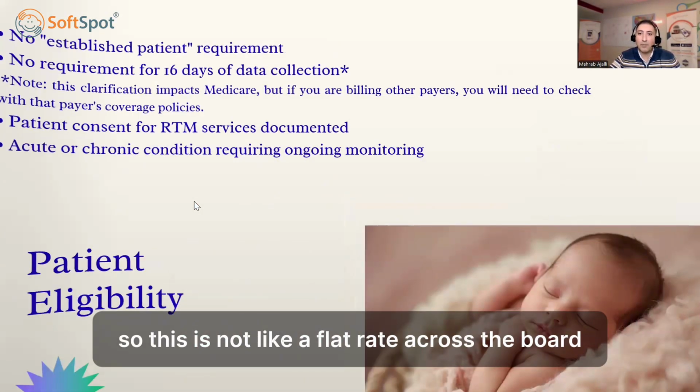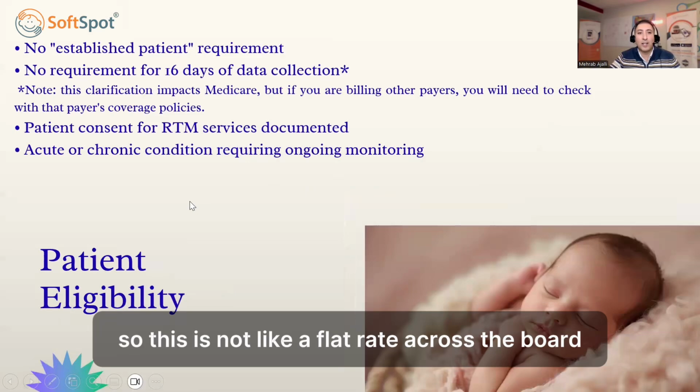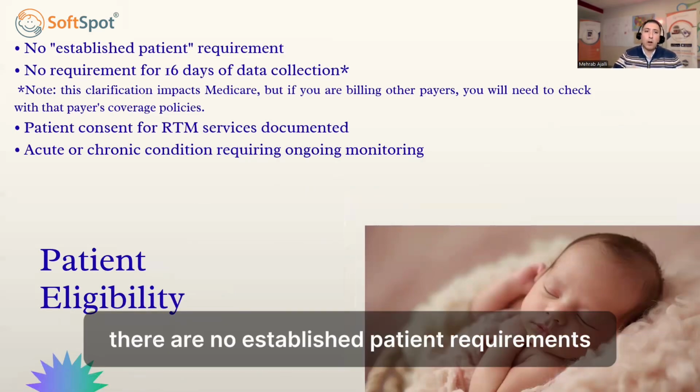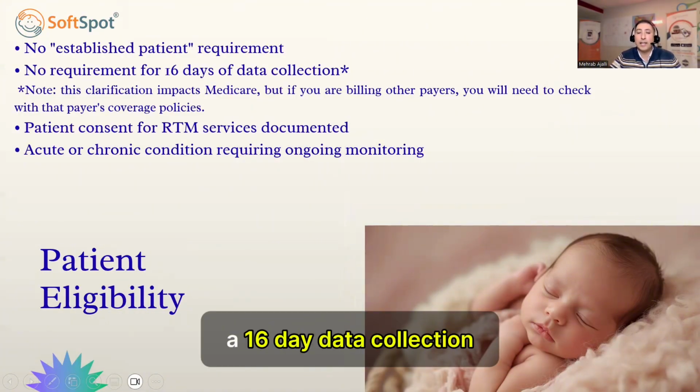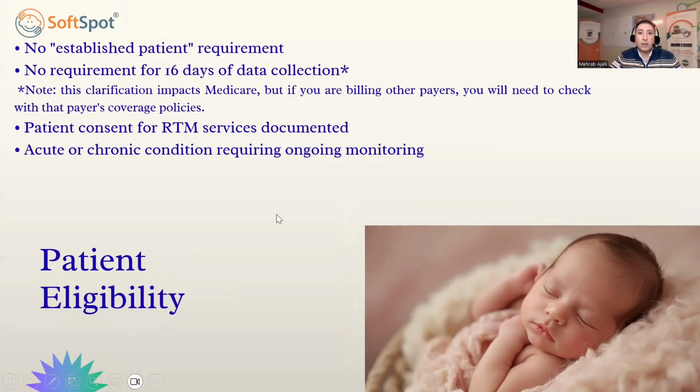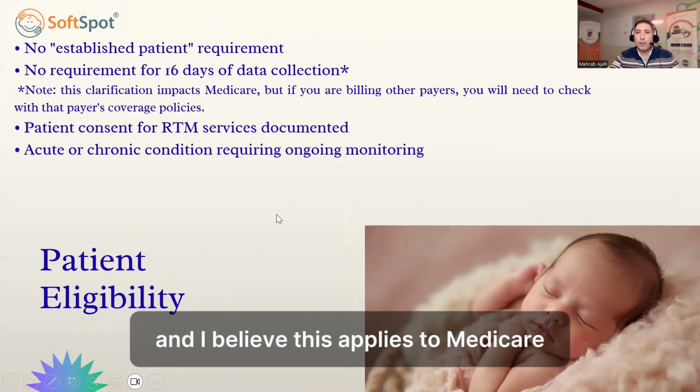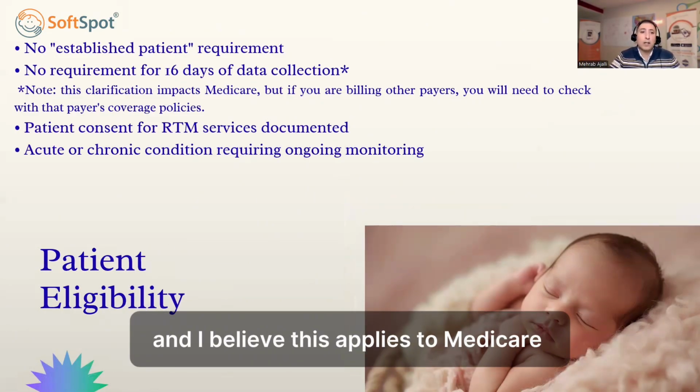So this is not like a flat rate across the board. So there are no established patient requirements for RTM codes. There's also no requirement for a 16-day data collection. And I believe this applies to Medicare.